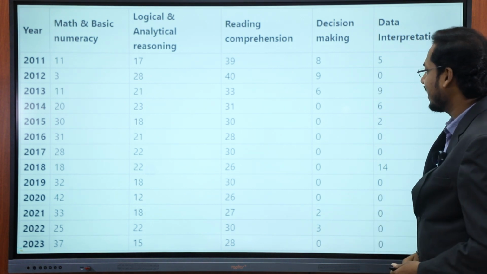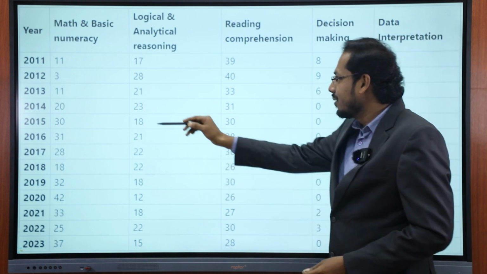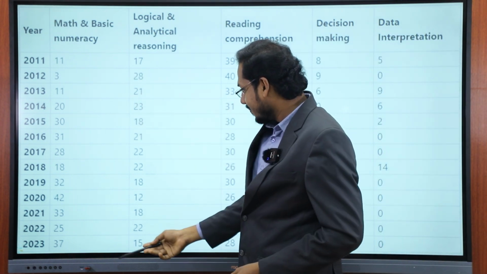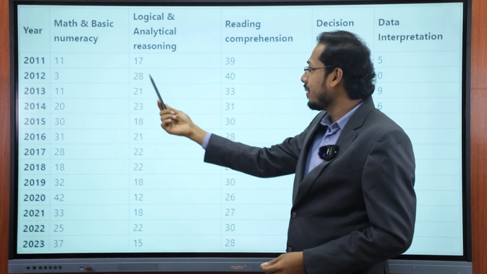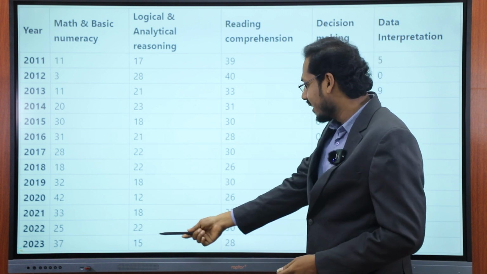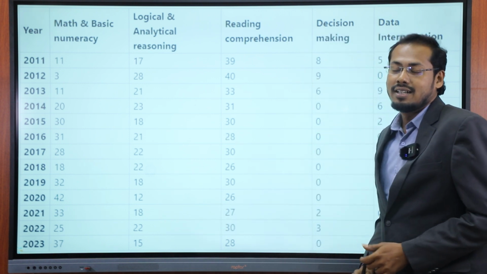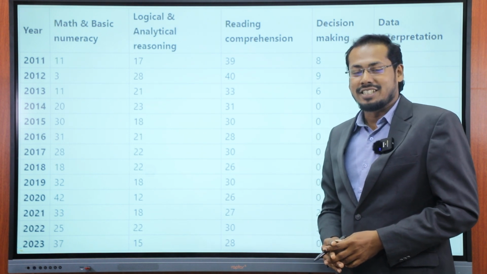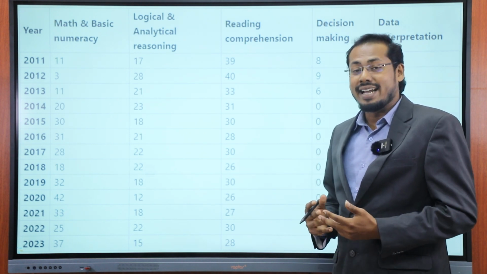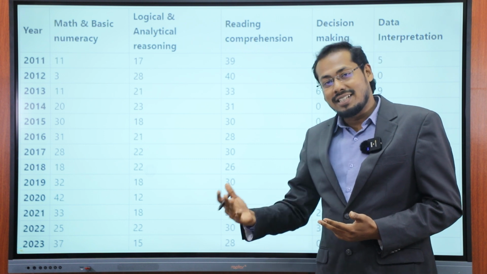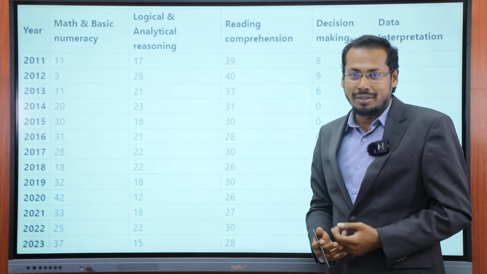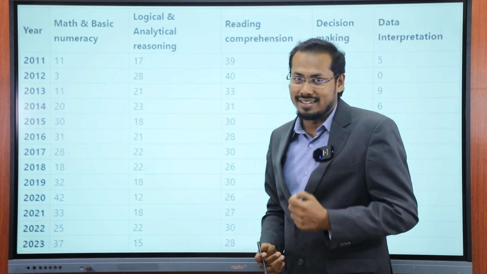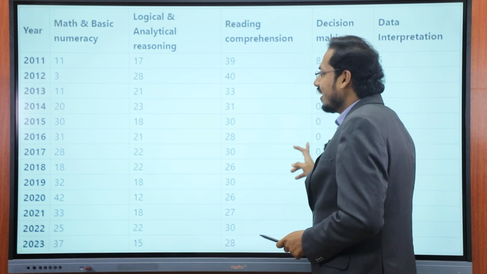Now they are only asking those questions. Most importantly, look at this: 37 from math, and logical reasoning is 15 questions. We need 66.66, so we can eliminate some questions. It is your choice, but which questions we pick is most important.